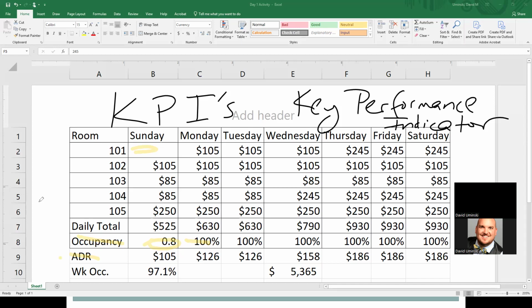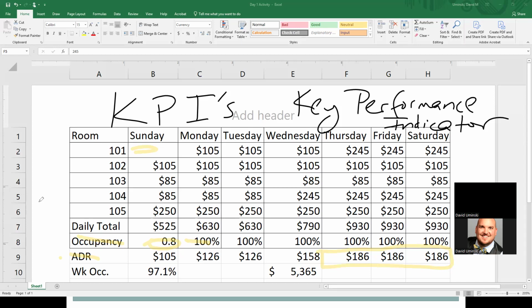We are also going to be looking at our average daily rate, ADR. If you look up here, what is the day that has our highest average daily rate? The highest average daily rate up here on the screen is Thursday, Friday, Saturday. How do you find the average of anything?